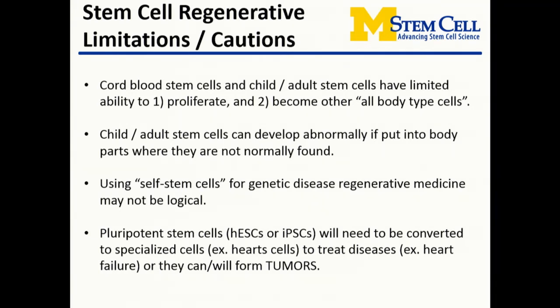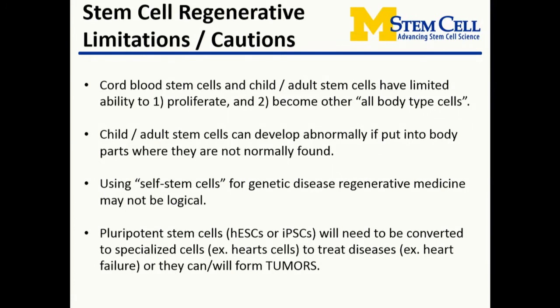In addition, if you put an adult stem cell in the wrong area, a place where it normally doesn't occur, it does not necessarily mean it's going to develop normally. It could develop abnormally, and there is evidence of that. So even though they are self cells, they still can have abnormal development.